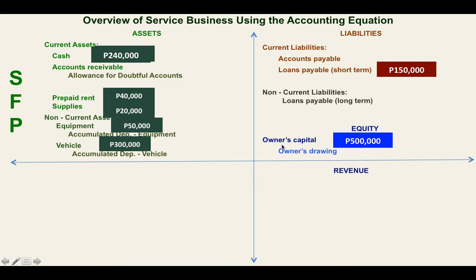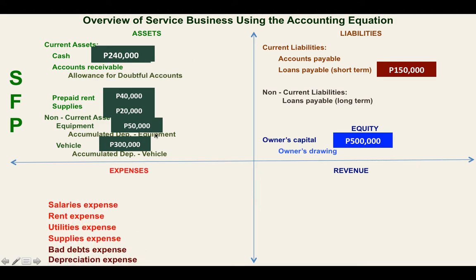We can start our revenue and expenses because we already have our resources, assuming that we have expended a certain amount in the business. And of course, if we are in a service business, we will have a service income.